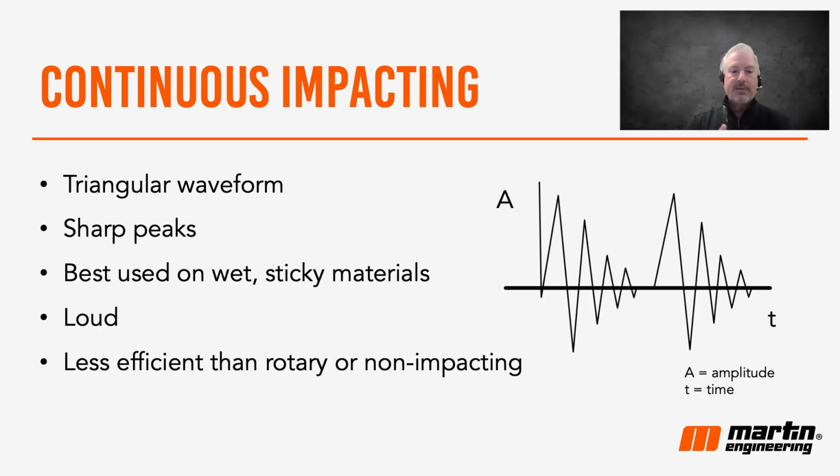This waveform shows a very triangular, very high amplitude, very high peak waveform. It's due to the impact at the end of each stroke. These are much louder and less efficient than rotary or the non-impacting vibrators that we'll look at here soon.